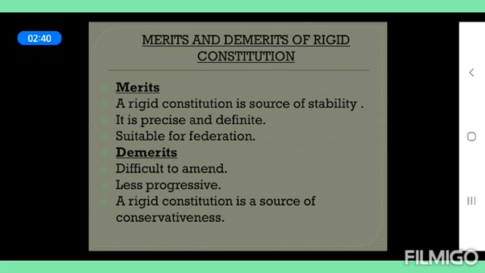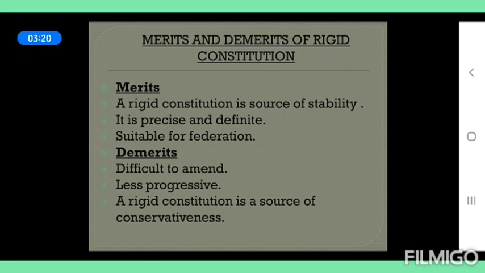As I've already told you, for amendment the legislature has to pass a proposal by a specific and large majority of at least two-thirds or three-fourths, or an absolute majority of the votes is required. That is why it is very, very difficult to amend. To make an amendment, we have to go through certain procedures.